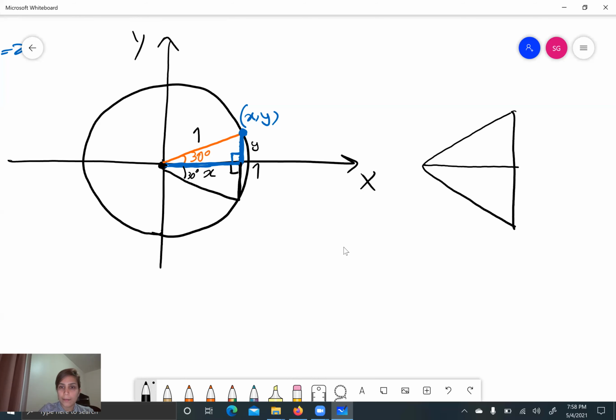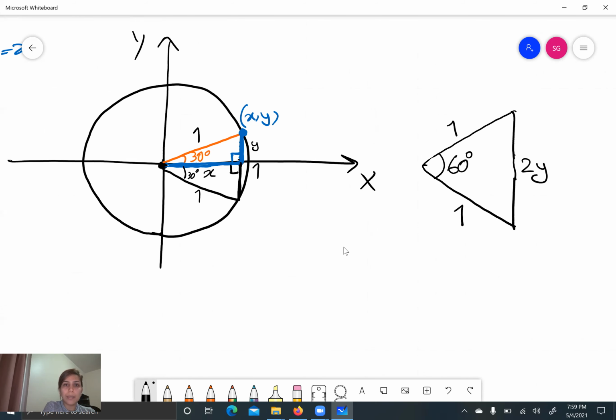Maybe I remove this line to give you an idea of what I mean. The radius is 1, that means this side is 1, this side is 1. This is y and this is y, so this side is going to be 2y. This angle, 30 plus 30, is 60.